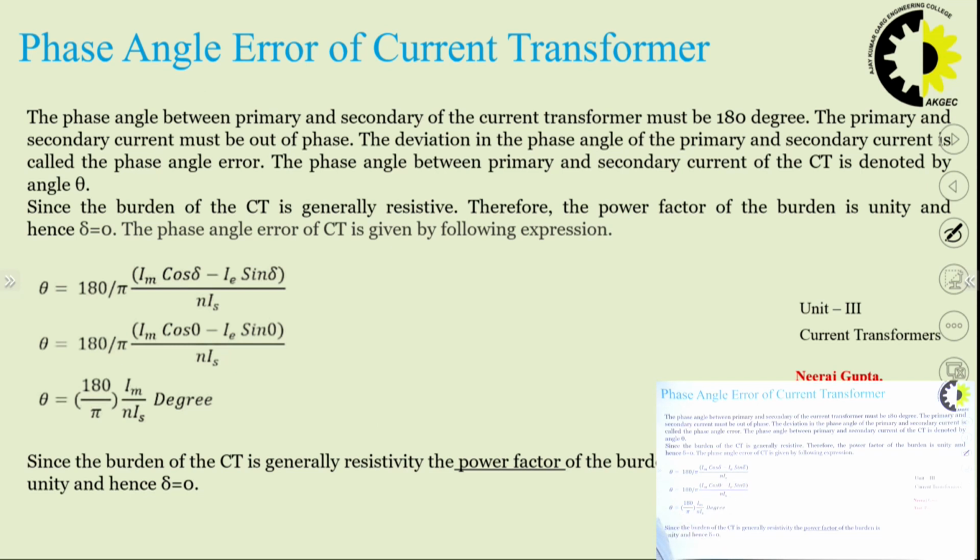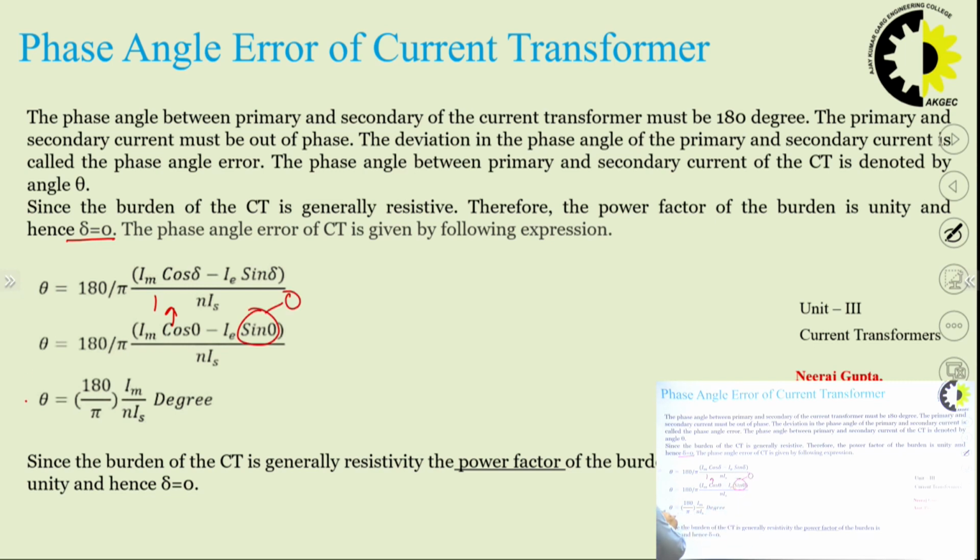Since the burden of the CT is generally resistive, the power factor of the burden is unity, and hence delta becomes 0 when the load is completely resistive. The phase angle of the CT is given by the following expression: 180 by pi, (Im cos delta minus I sin delta) upon N Is. Here, if we put delta as 0, cos 0 becomes 1 and the sine term goes to 0.